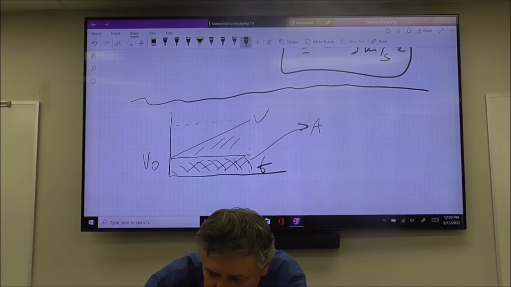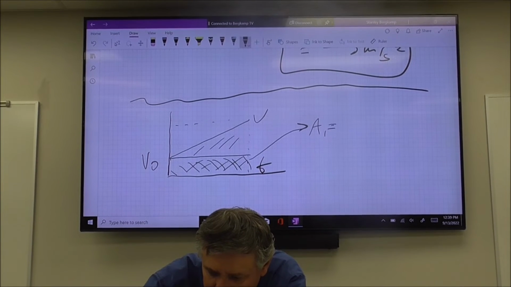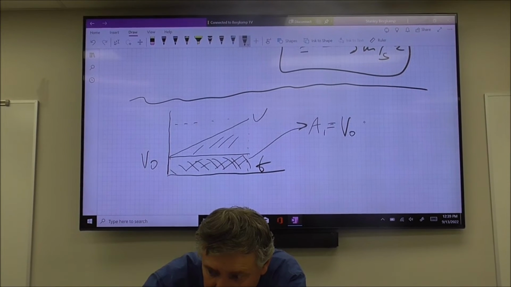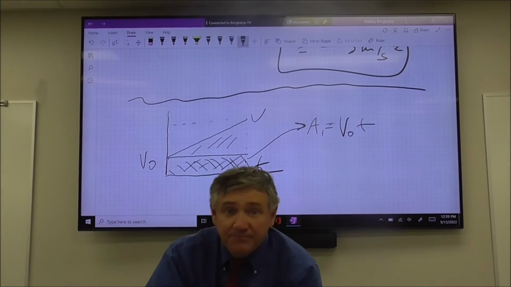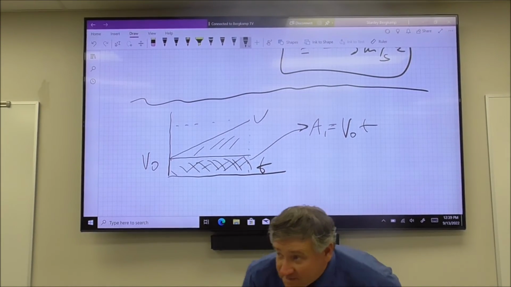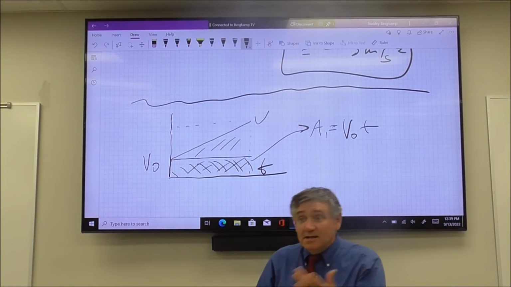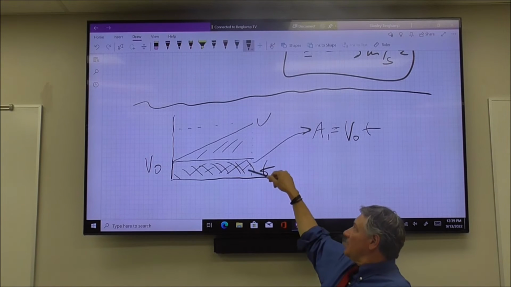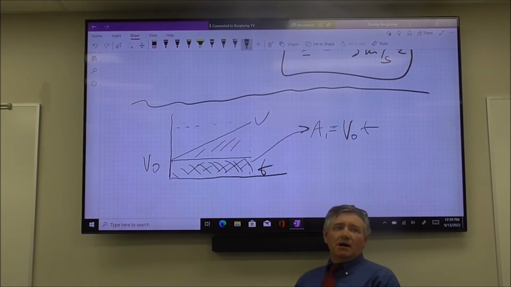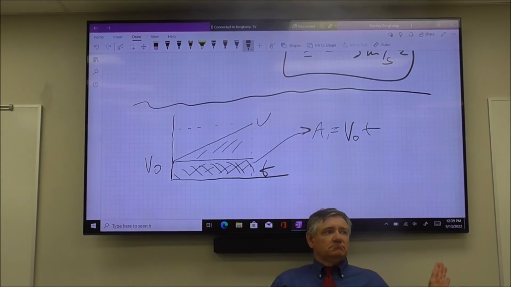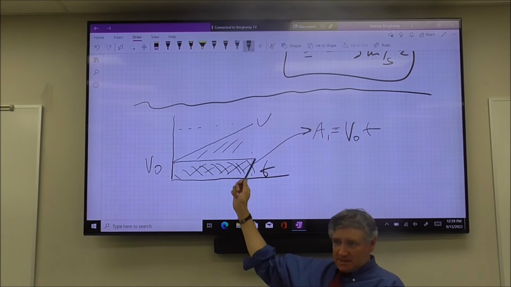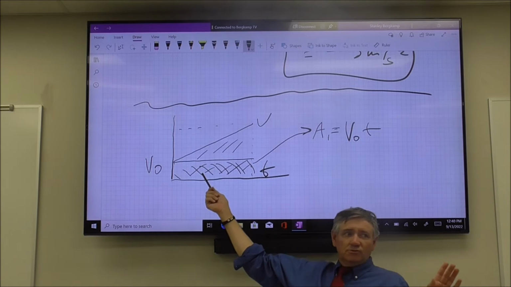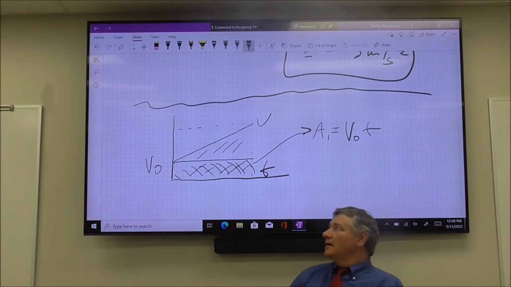It's a rectangle, so area 1 is going to equal V naught times time, right? It's a rectangle, length times width. The width of this rectangle is time, and the height is V naught. So, if I take V naught times time, that's going to give me that rectangle. Cool with this?